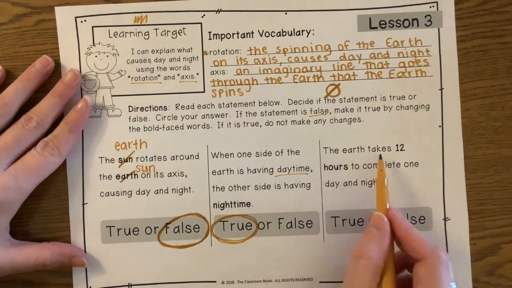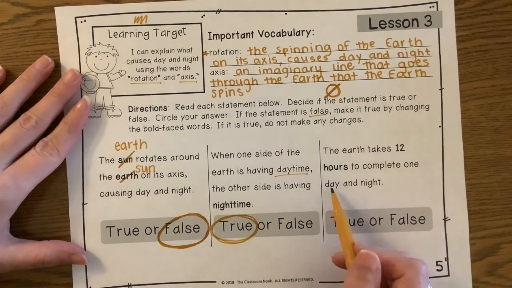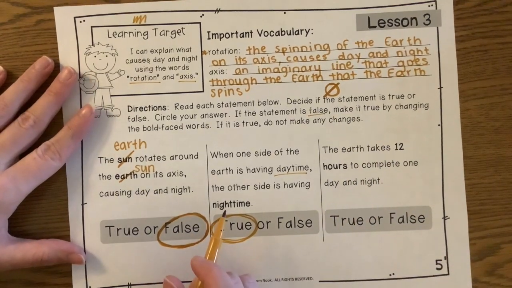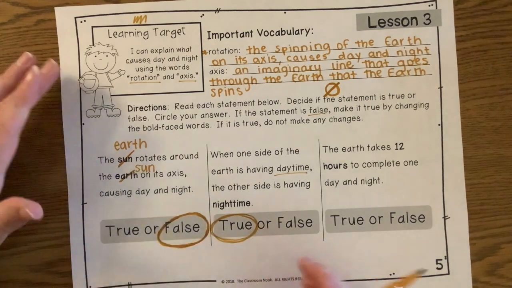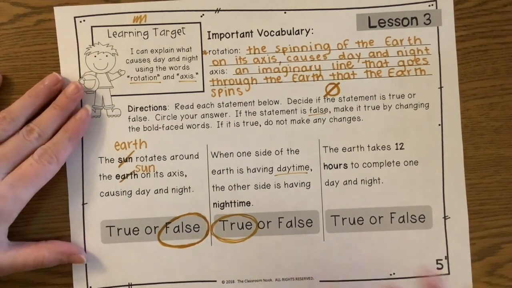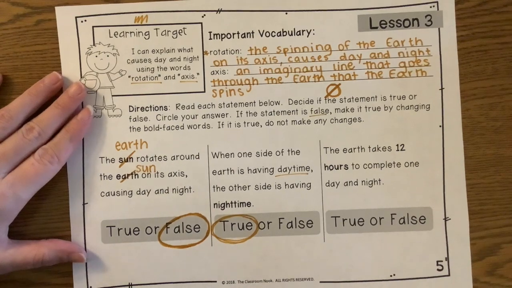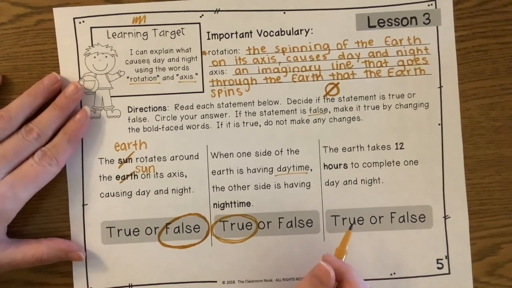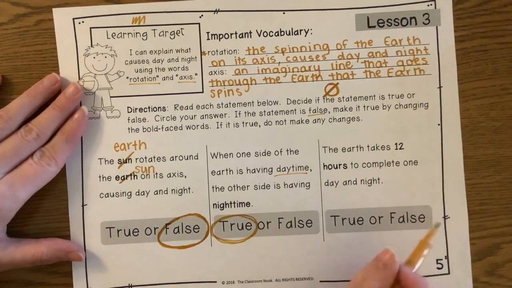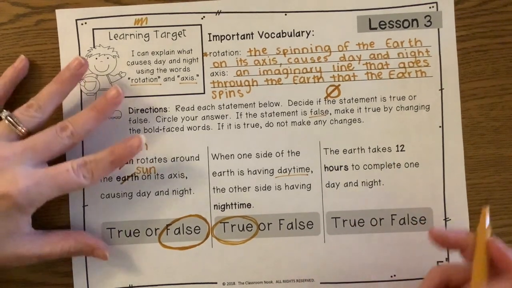The Earth takes 12 hours to complete 1 day and night. Think about how long we have a whole day and night. Think about how long it takes the Earth to spin. How many hours are in a day? Is it 12? It's not 12. This is false.